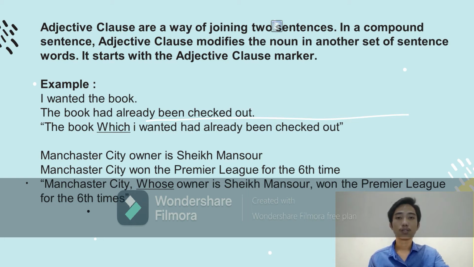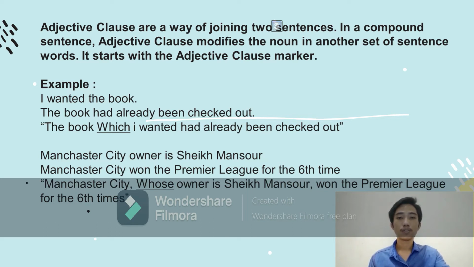Now we just need to find the conjunction for the sentence. We know that Sheikh Mansour is the owner of Manchester City, or Manchester City belongs to Sheikh Mansour.